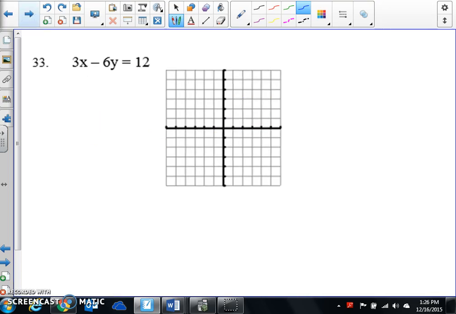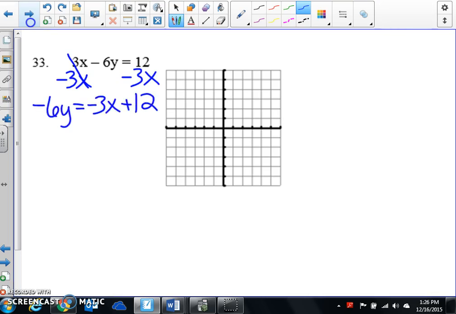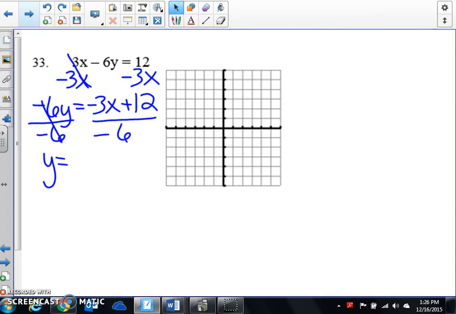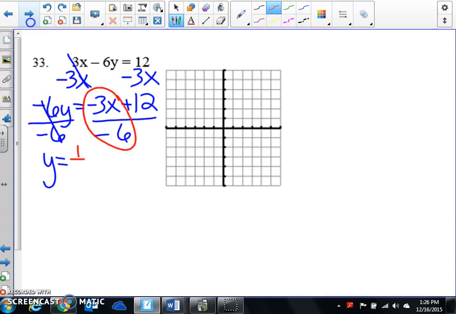Okay, so once again, you could do this by finding your x and y intercepts, or you could solve for y. So I like to solve for y. I'm going to subtract 3x, giving me negative 6y equals negative 3x plus 12. Divide everything by negative 6. Y equals, a negative and a negative is a positive, 3 divided by 6 is 1/2 x. 12 divided by negative 6 is minus 2.